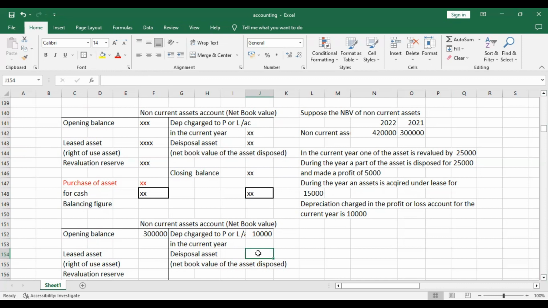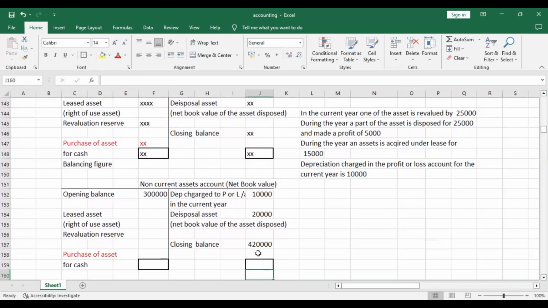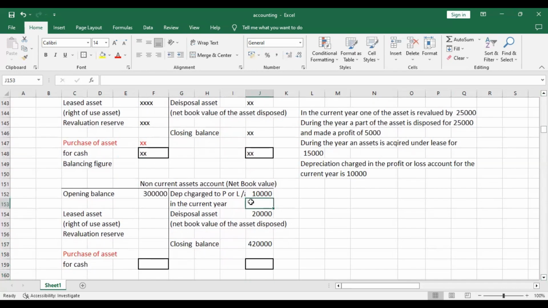So the disposed asset's book value is 20,000. Are you clear? It is disposed for 25,000, that means you made a profit. Book value is 20,000, profit on disposal 5,000, that means you sold for 25,000. So we have taken the opening balance, the closing balance, the depreciation, and the disposed asset, the net book value.